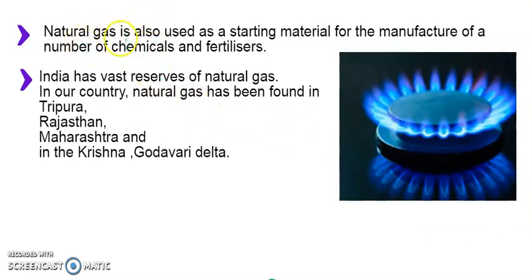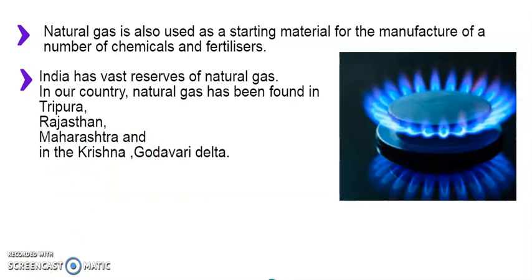Now it is also used in a number of chemical and fertilizer factories. India has natural gas reservoirs in Tripura, Rajasthan, Maharashtra and the Godavari and Krishna Delta. So these are some places where natural gas is found.